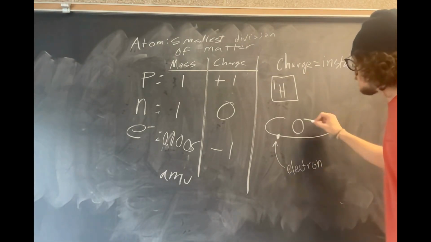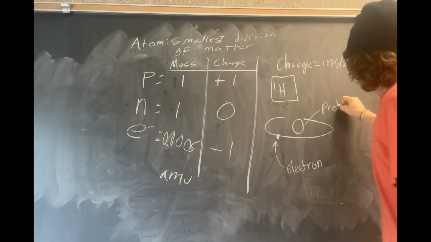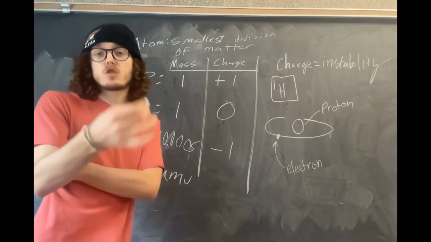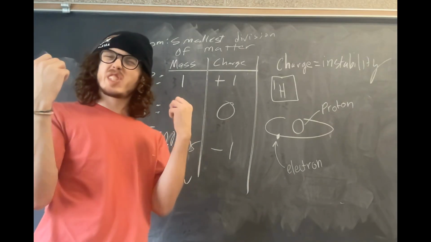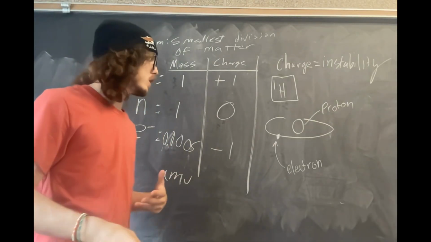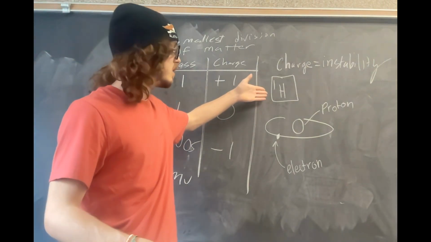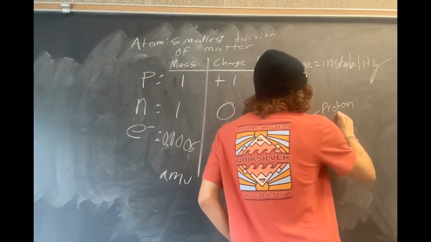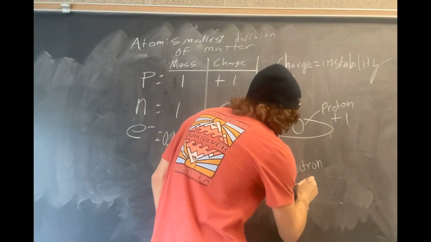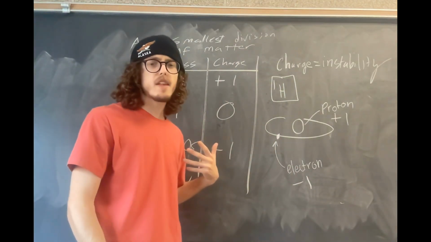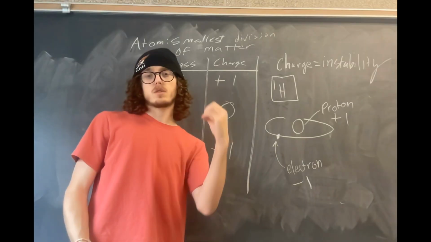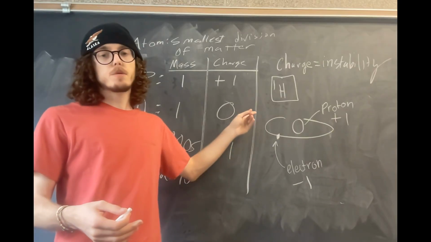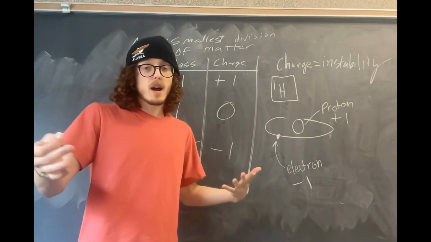So if we have an electron and we have a proton, what we need to know about charge is that if you have an overall neutral charge, sometimes that's just a little bit more stable than if you have a charge. So when we take just the atom hydrogen by itself, we know the proton has a +1 charge, and we know the electron has a -1 charge. When you combine the two together, you're going to get an overall 0 charge. So when you are asked to find the overall charge of an atom, add up the number of protons versus electrons. If it equals 0, you're probably stable.